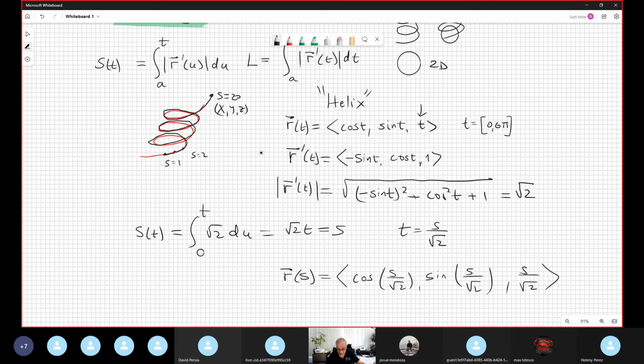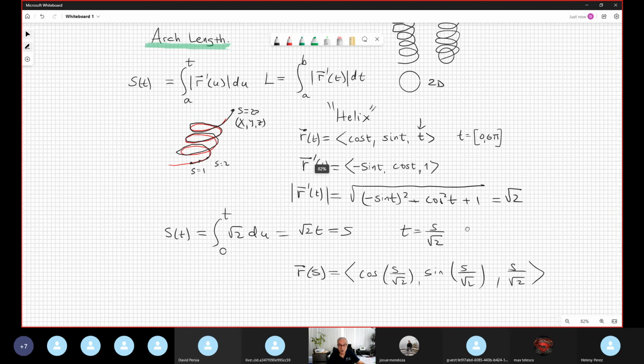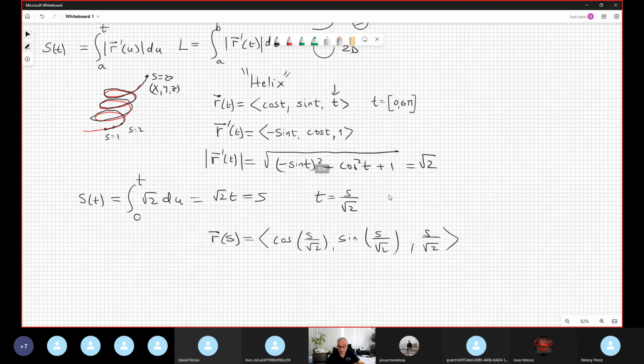Advantage and disadvantage. Well, you will see maybe next time the parametrization using arc length. Let me anticipate something. The advantage is, you know, the speed is constant. Normally, if you compute the speed of this, it is 1. The insect travels slowly along the curve.